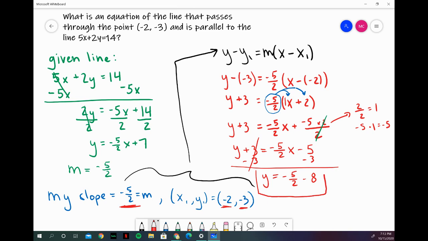And now I have the equation of a line that is parallel to the given line. And I know that it is parallel because they have the same slope of -5 over 2, and they have different y-intercepts. So this is a parallel line, and we are done.